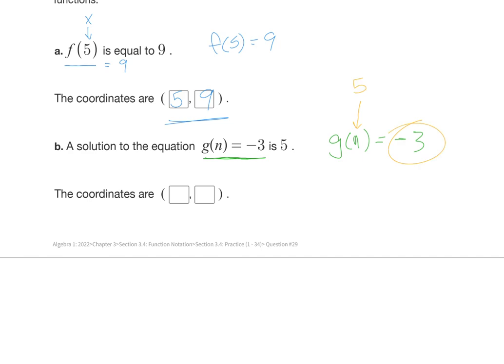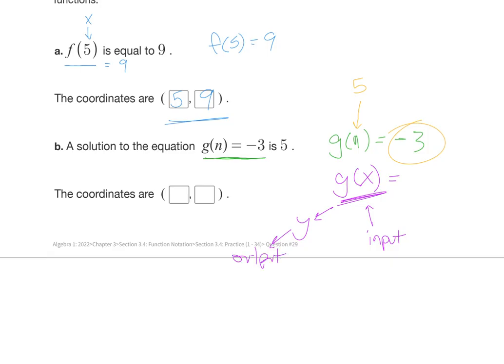As far as I know, it's 5. I shouldn't say as far as I know. What they're trying to tell us is that it's 5. So how we're going to answer this is we often write g of x because x is our input, and then this is going to be equal to y. It is our output.